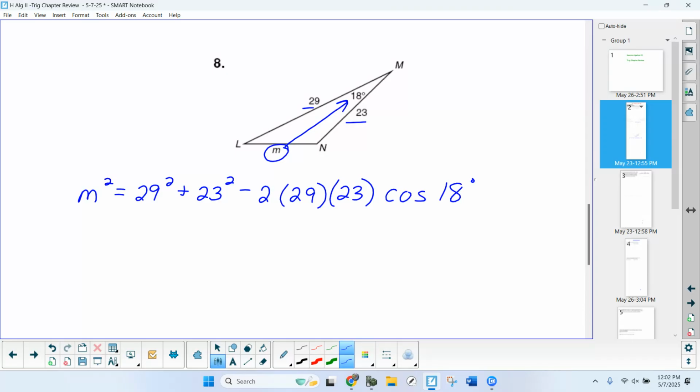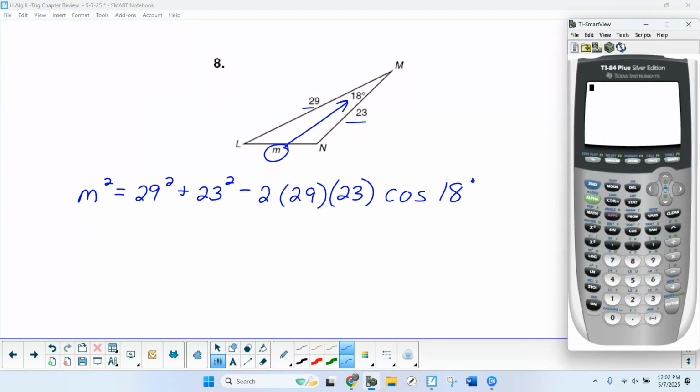Is that what you said? Okay, sorry. All right, so now, do I have any variables on the right side? No. So you can just pick up your calculator and type it in as you see it. 29 squared plus 23 squared minus 2 times 29 times 23 cosine of 18. And tell me what you get when you do that.